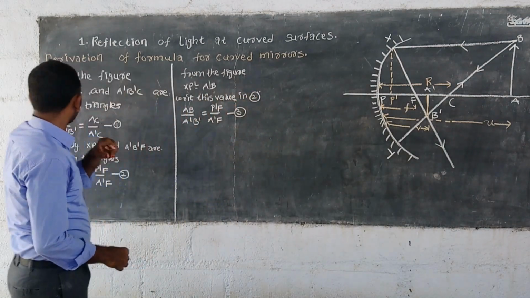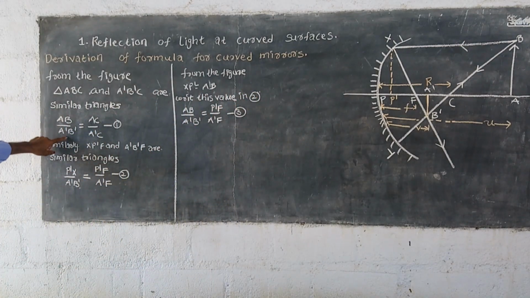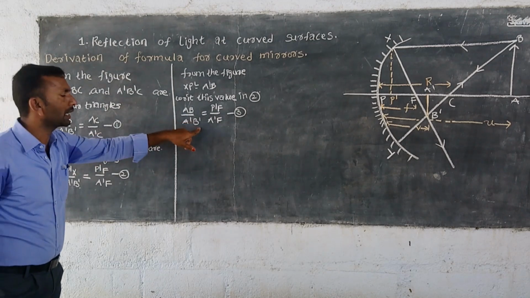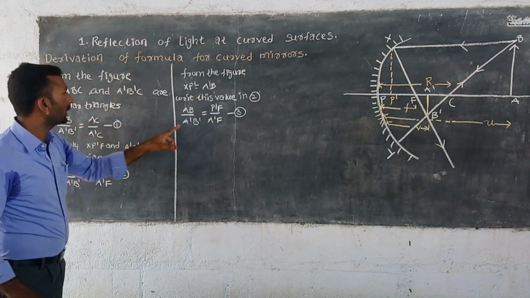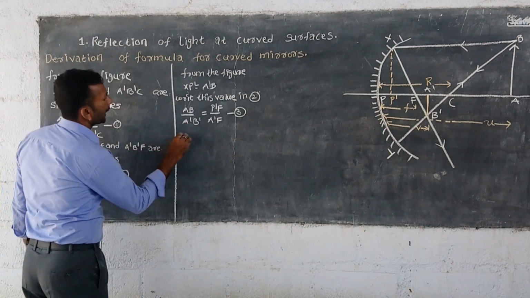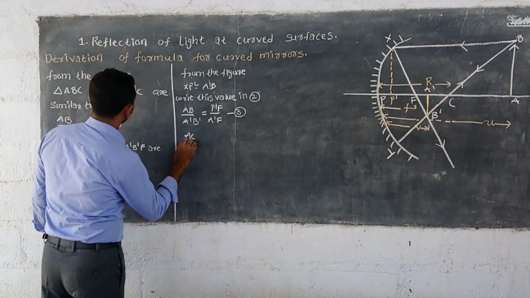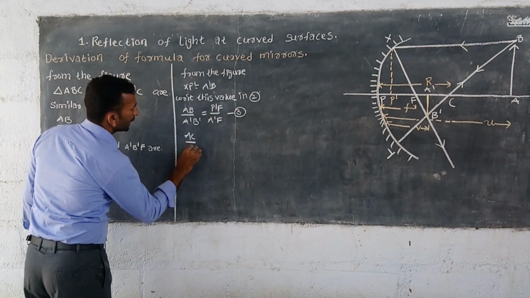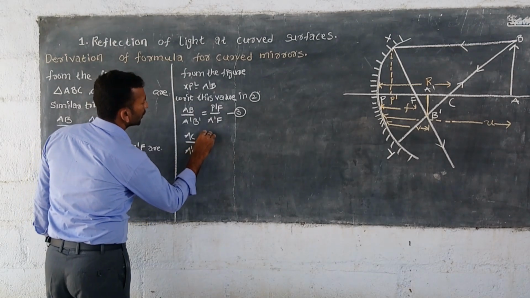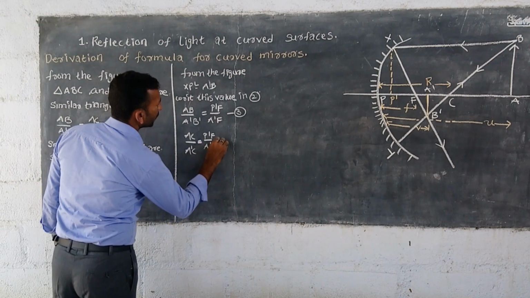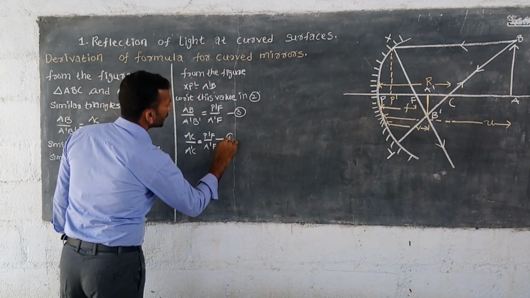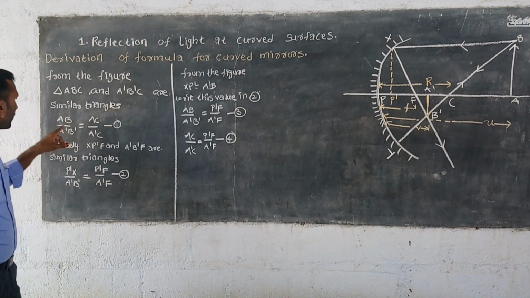So from equations 1 and 3, AB by A'B' is there in equation 3 also. So from equations 1 and 3 we can write AC by A'C equals P'F by A'F.